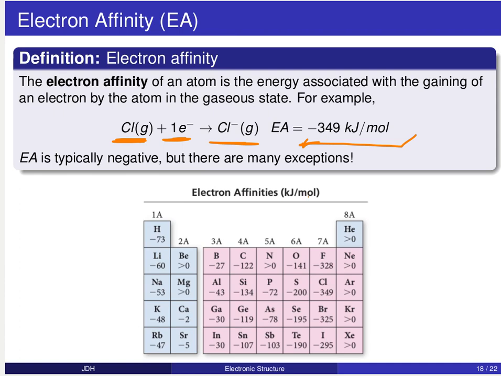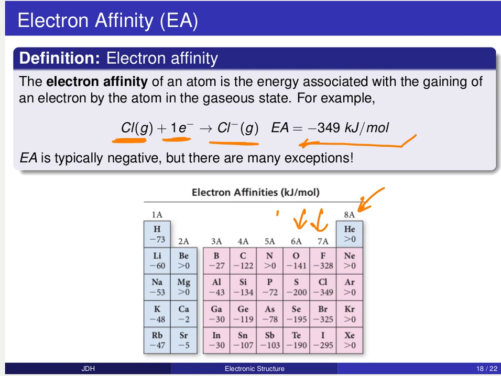So for example, the entire column of noble gases will have positive electron affinities. They simply don't want the electrons. But fluorine and the rest of the halogens have a relatively high affinity for an additional electron, followed by oxygen, and so on and so forth.